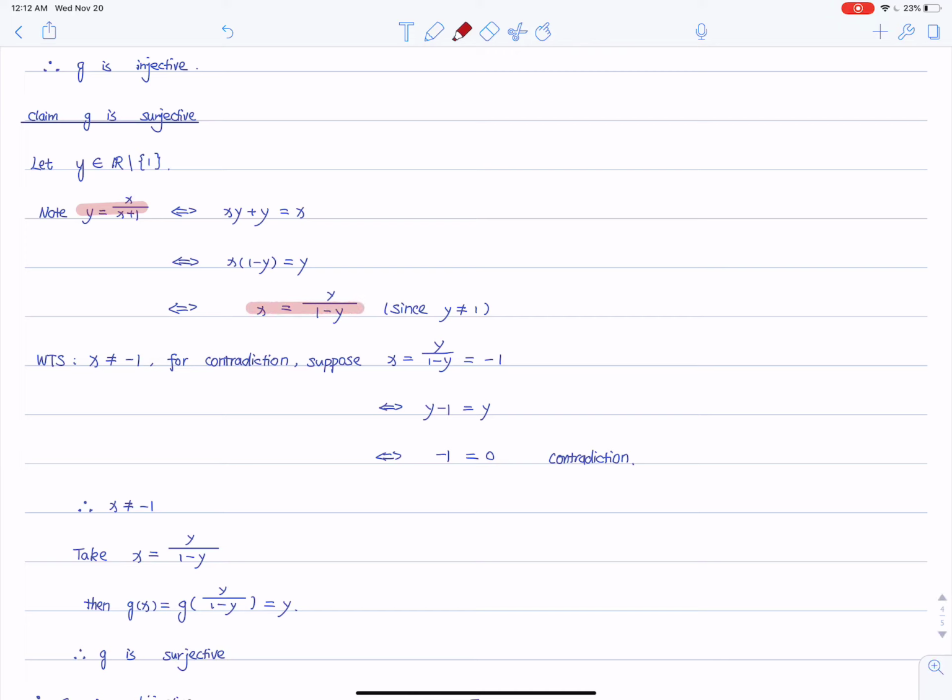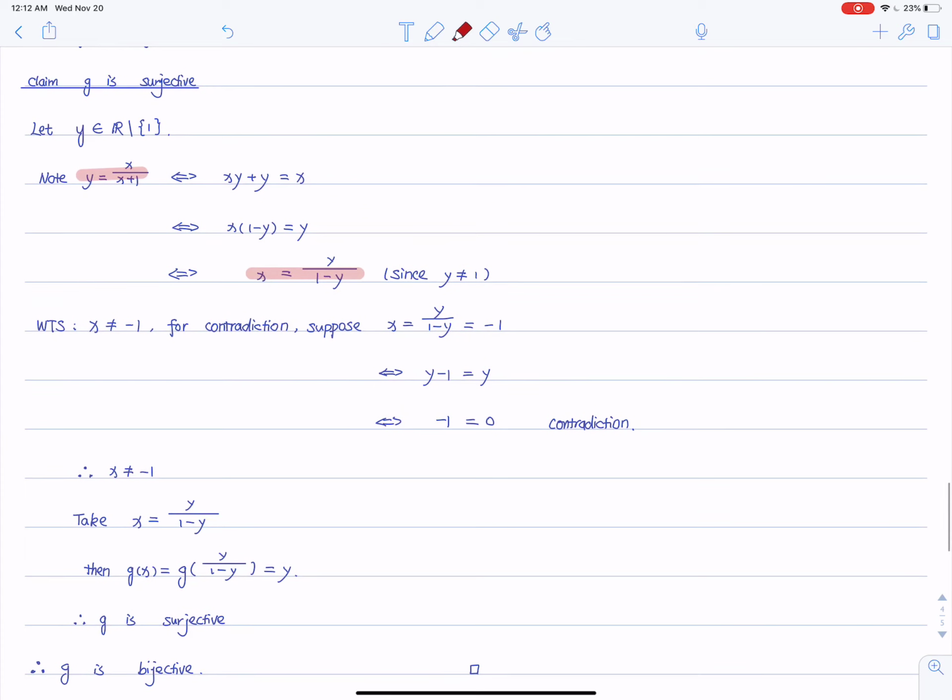When you do this, you need to be careful. You need to make sure each of your steps is reversible. And when you do this, you don't want this to be rough work, so make sure you have if and only if, because if you don't have this, it's rough work.